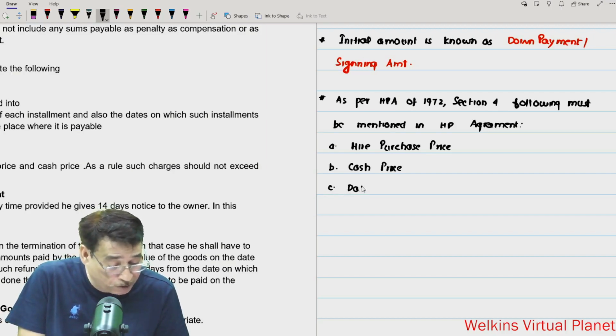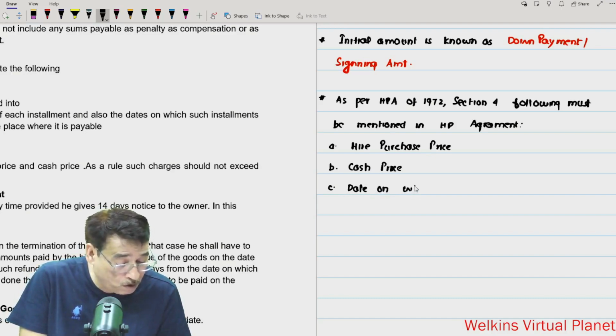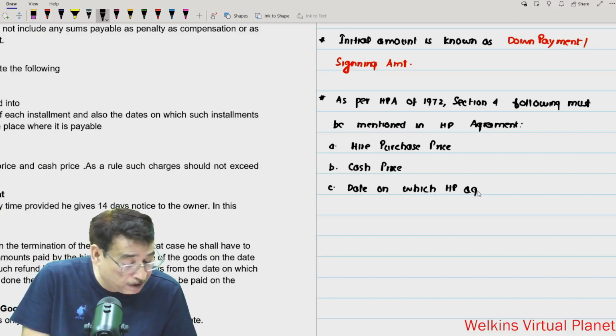The date on which the hire purchase agreement would commence. That is very important, at least for accounting.